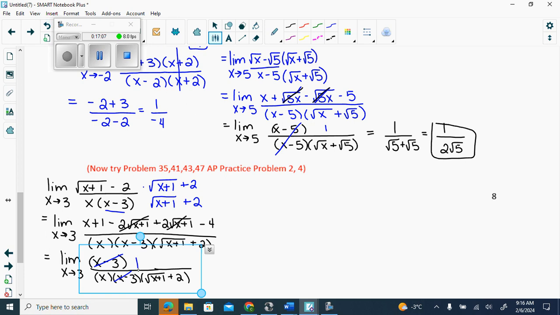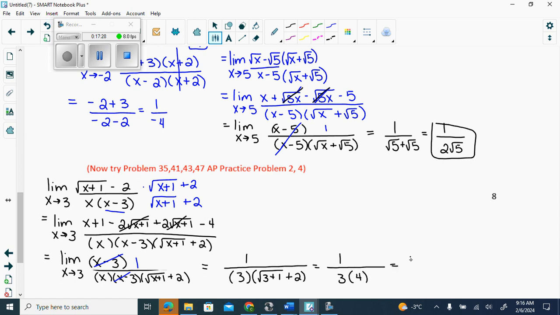Substitute it. So I'm going to get 1 over 3 times square root 3 plus 1 plus 2, which equals 1 over 3 times 4, which equals 1 over 12.